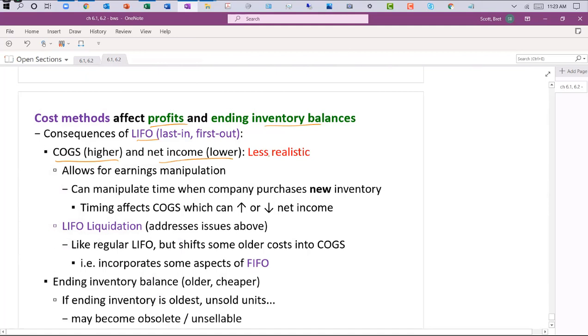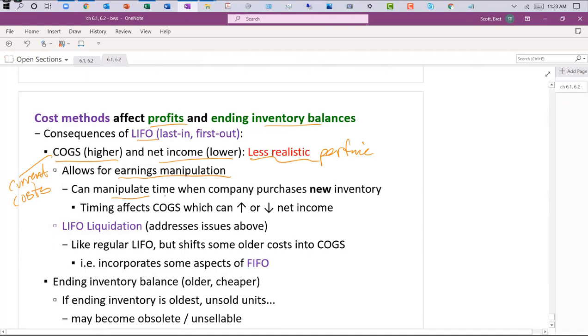Net income tends to be lower, therefore the performance figures on the income statement aren't very realistic. There's also a situation where, because the costs we see are the most current costs, it allows for something called earnings manipulation.